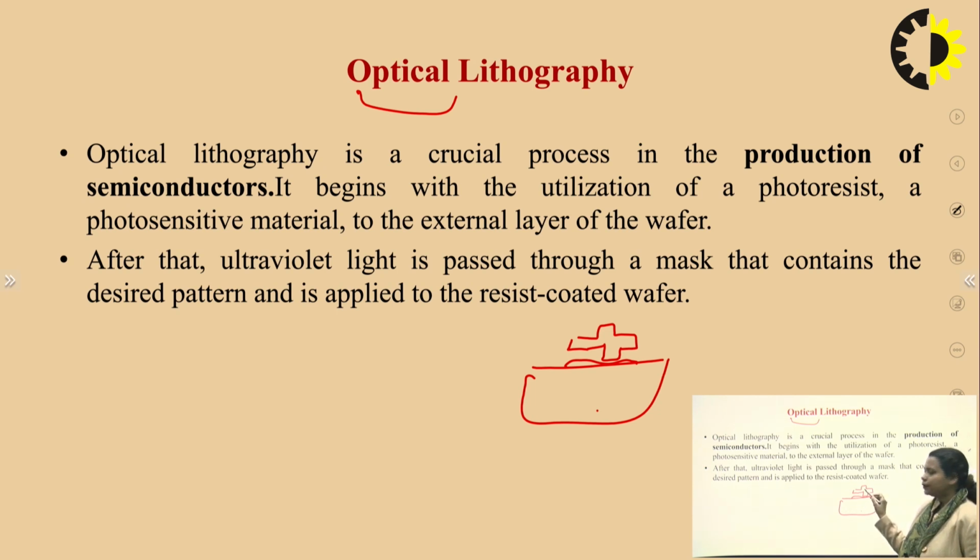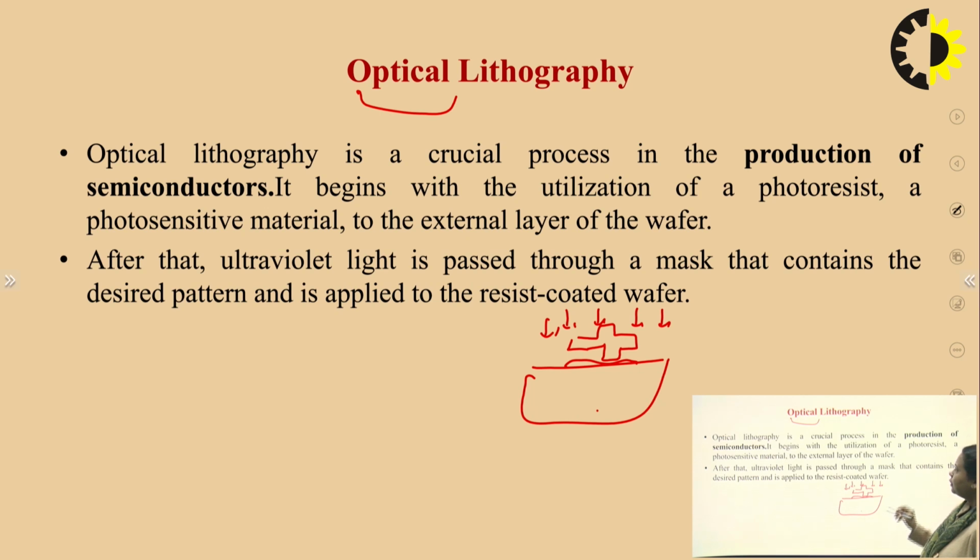Now we are transferring this pattern to the substrate in the presence of light rays. So with the help of these light rays, this transferring of pattern is known as optical lithography, where some photoresist, a light sensitive material, is present.